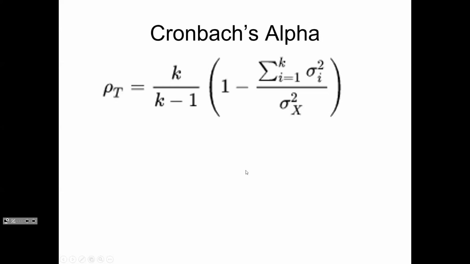And the bottom is saying, take the sum of all the item variances and covariances, because the total variance for a scale is actually the sum of the item variances and covariances. This is kind of a cool thing. So like you have variance covariance.